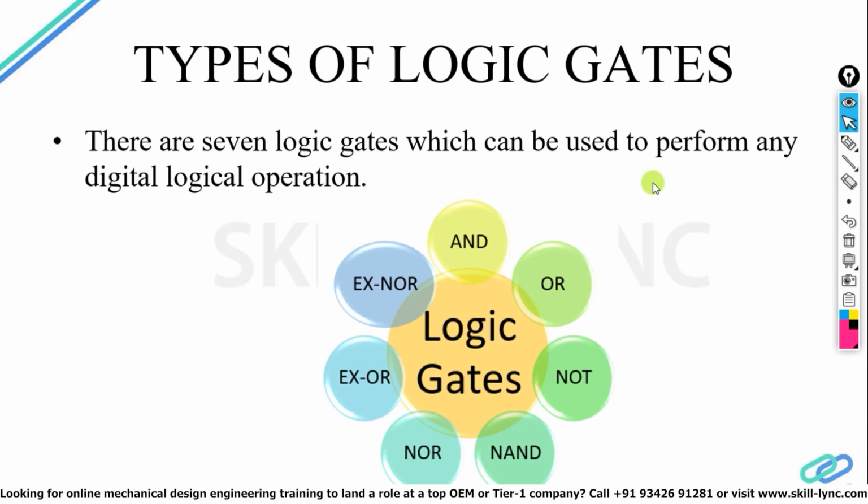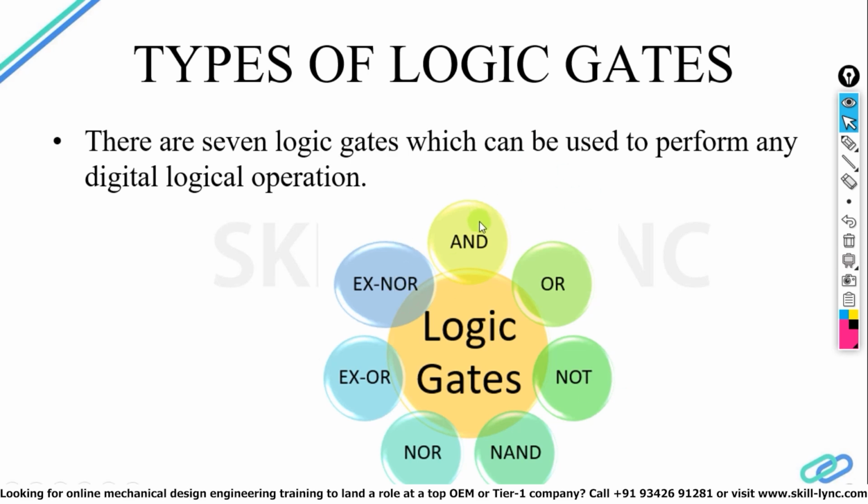The relationship between the input and output is based upon the logic, and that's why it is named as logic gates. So 7 logic gates are there: AND gate, OR gate, NOT gate, NAND gate, NOR gate, XOR gate, XNOR gate. XOR means exclusive OR, XNOR means exclusive NOR. So these are the different gates.